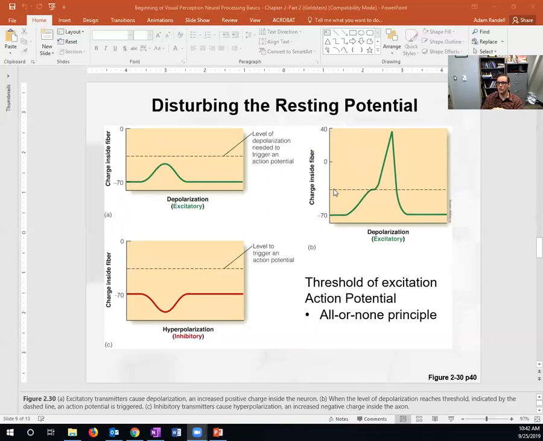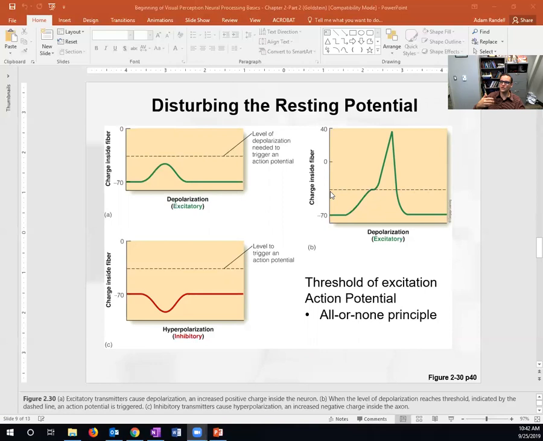So if it's a cell with an action potential, then incoming ions that depolarize the cell move the cell towards its threshold of excitation, which you can see right here, and make it more likely to achieve an action potential. When a cell achieves its action potential or does more of what it would ordinarily do, it's said to be excited.